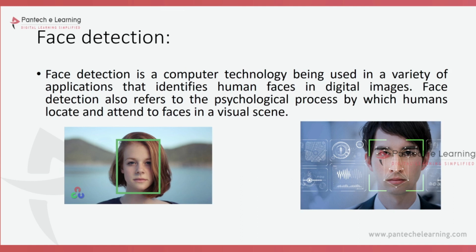Even the system should know about gender classification, face recognition, and mask detection. For all these kinds of projects we require face detection, because the face should be known to a machine. If you are training a device, this is the eyes, this is the nose, this is the mouth, and these are the eyebrows. When all these factors are combined, it is known as the face.